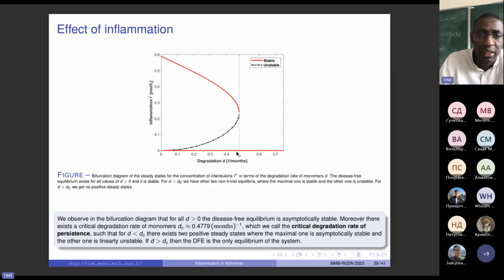When D is lower than DC, we have two non-trivial equilibria, where the maximal one is stable and the other one is unstable. So this confirms that the theoretical study is correct.